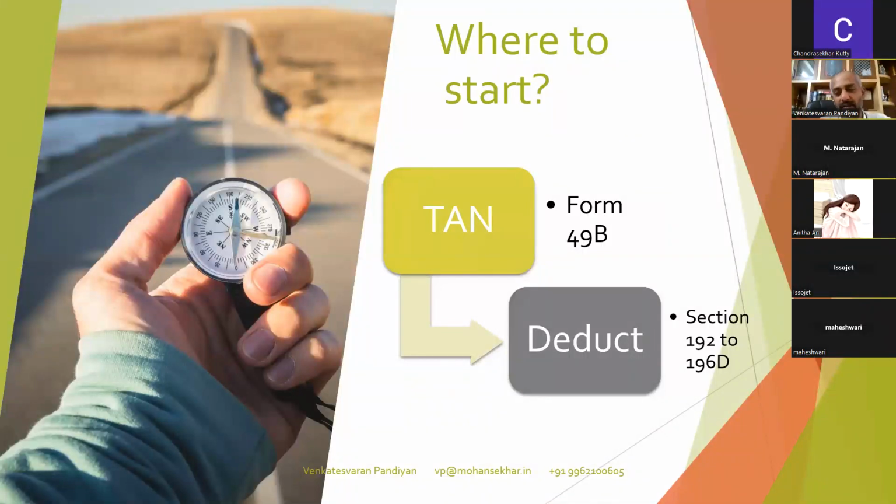What is that? TDS and TCS collection account number, that is, tax deduction at source or tax collection at source account number. It's called TAN. And how do you get it? You apply under Form 49B and you get the TAN number. That becomes the first step when you are liable to deduct tax.